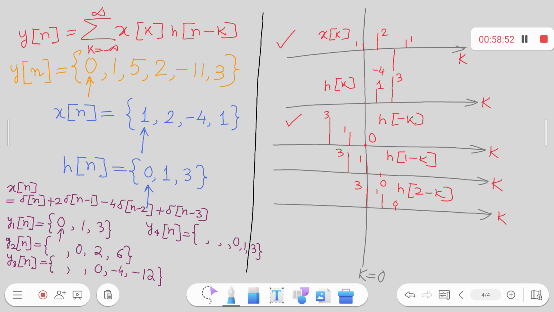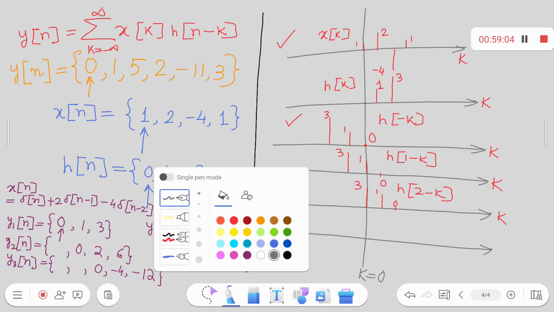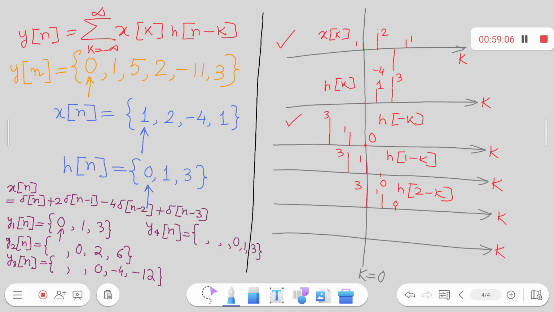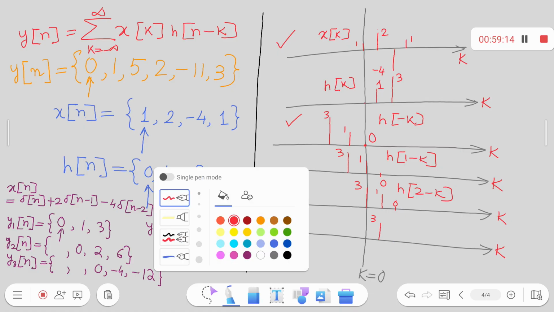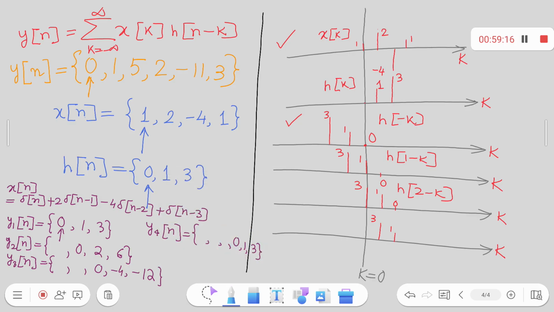And space is limited, so I can show you with the next sample only, and you can verify the others very easily. Here it is k once again. Now you have 3 there, 1 there, 0.